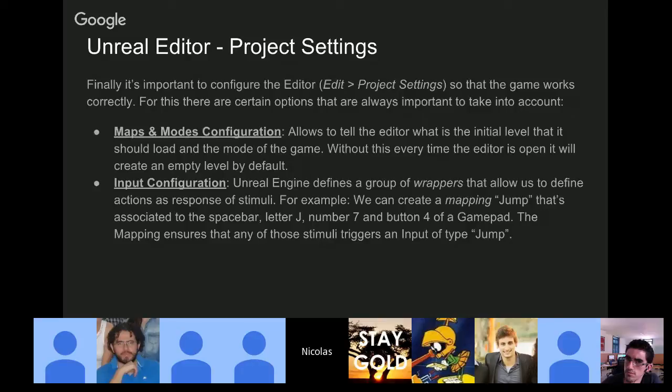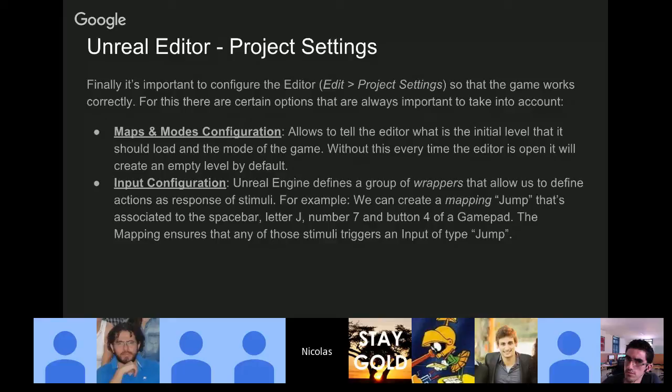That's the maps and modes configuration. This allows us to tell the editor what initial level it should load, and what mode will be running the game. If we don't set this, every time the editor is opened, it will create an empty level and it will waste time, because you need to open another level, and sometimes if the level has too many things, it can be slow to load.